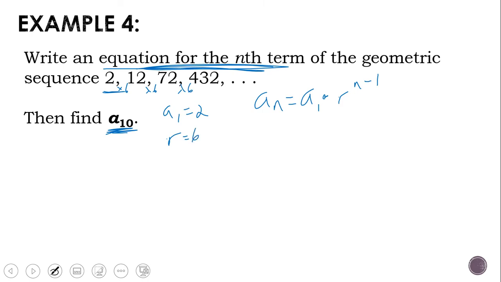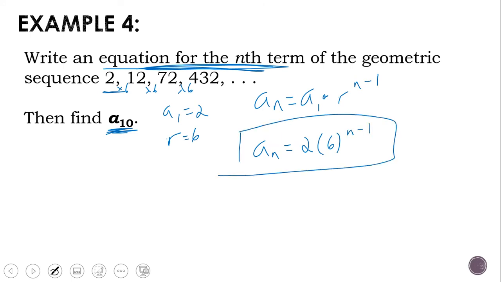Let's create the equation. So the equation is going to be a sub n is equal to 2, and I'm going to write it in parentheses, times 6 to the n minus 1. So that's my general form of the equation. When I need to find the 10th term, I'm just going to plug in 10 for n. So 2, and in parentheses, 6 to the 10 minus 1, which is 2 times 6 to the 9th power. Remember your order of operations.